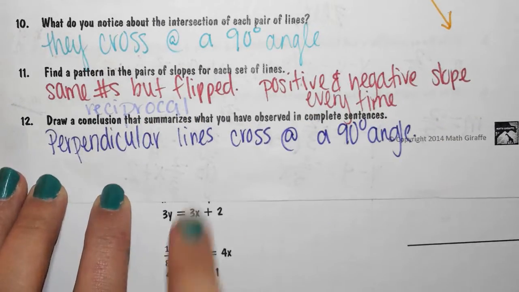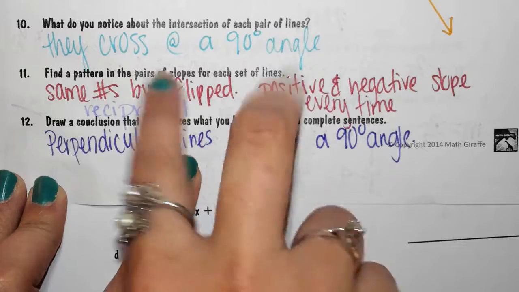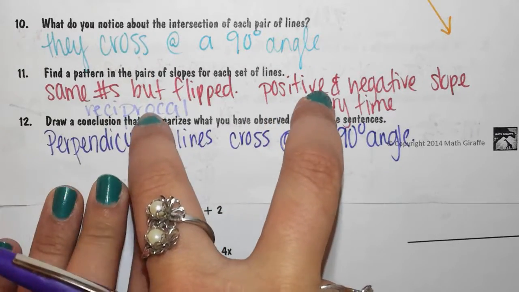So what else do we see based on the patterns we wrote down? About perpendicular lines. All perpendicular lines will cross at a 90 degree. Yep, and we wrote that one down. So another one, that's okay. I want another one based on this pattern right here.